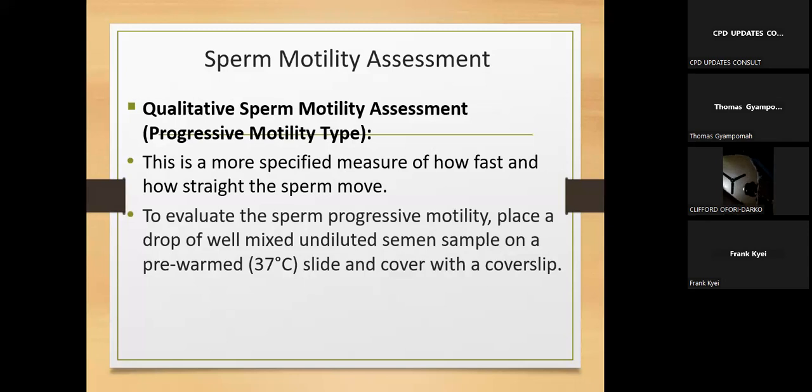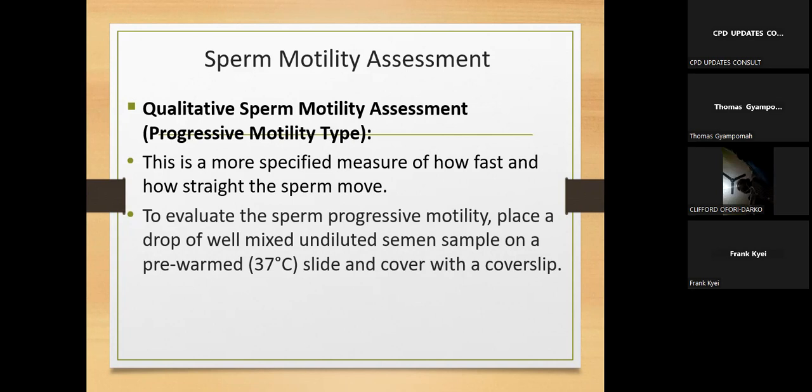I hope that point is very clear. For example, motility assessment is established based on movement at 37 degrees within 1 hour. So you can't do yours at room temperature, and let's say after 2 hours, and still compare your results with the reference range. It doesn't work.